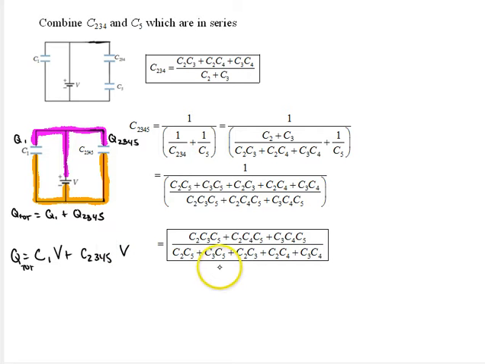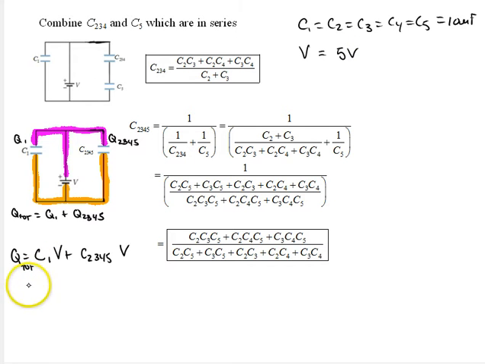So let's put some numbers into play here. Let's say each of the capacitors, C1 equal to C2 equal to C3 equal to C4 equal to C5, let's let them equal 10 microfarads. And let's let our voltage source supply 5 volts. Our total charge then will be equal to C1, which is 10 microfarads, times our 5 volts, plus we've got to find this equivalent capacitance.